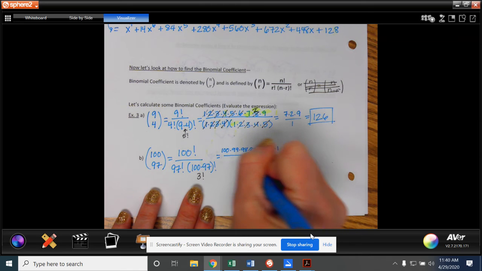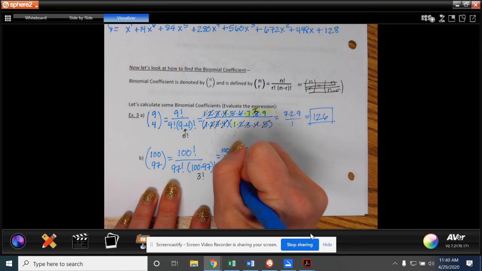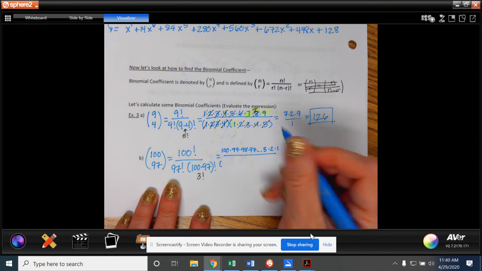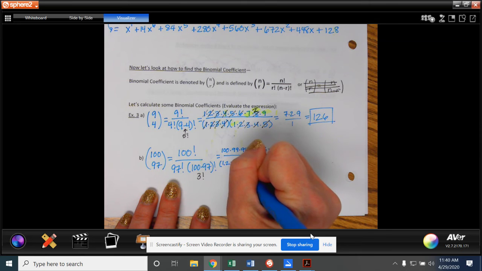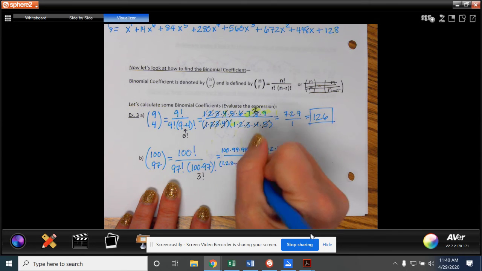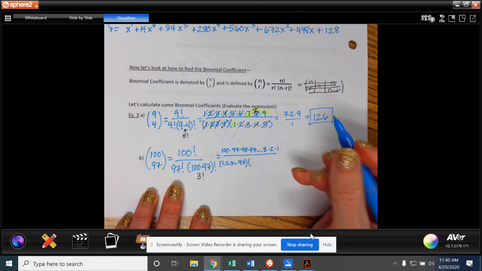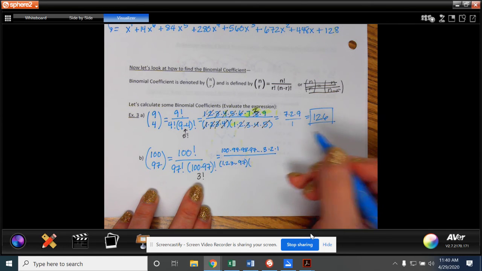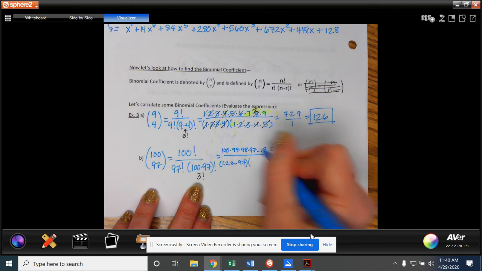It doesn't matter. All over this of 97, so I would have 1 times 2 times 3, dot, dot, dot, all the way to times 97. Times we have 3 factorial left. I went the other direction, sorry.